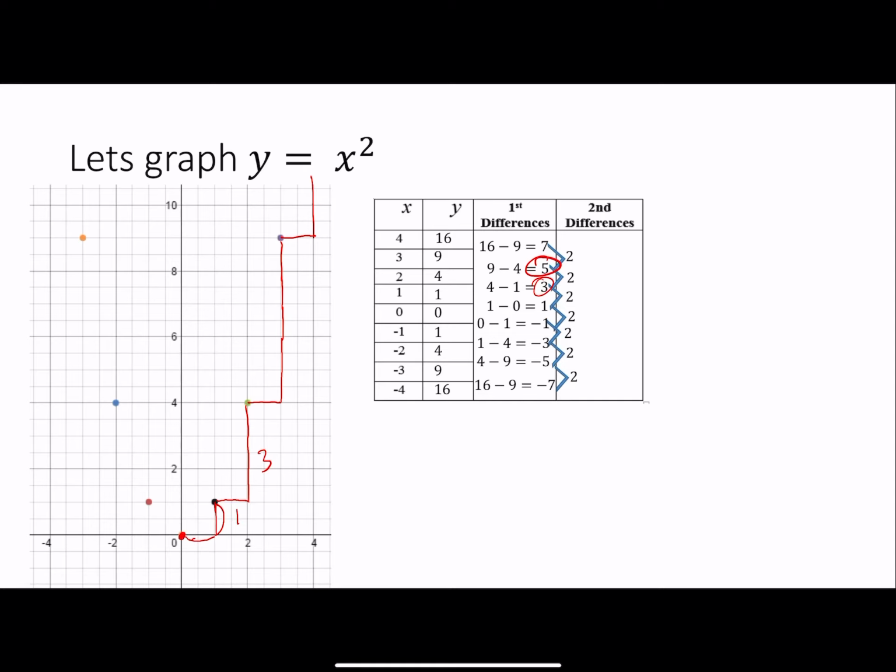That's just a quick way to draw this shape, this parabola. On the other side as well, my steps are 1, 3, 5. The steps increase by 2 every time.